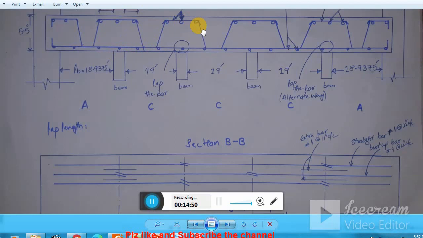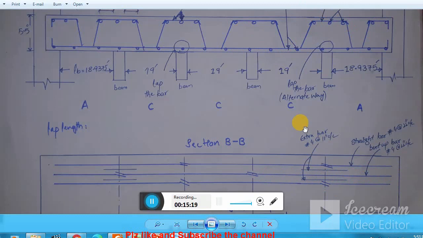And again here you lap them, but they are in this pattern, bent up in this way. And then again, when you lap them, the bar is bent up and reaches to this point.